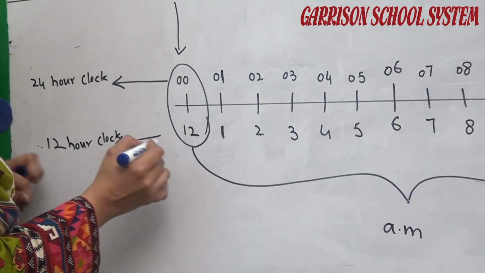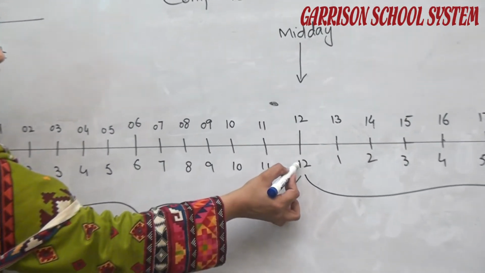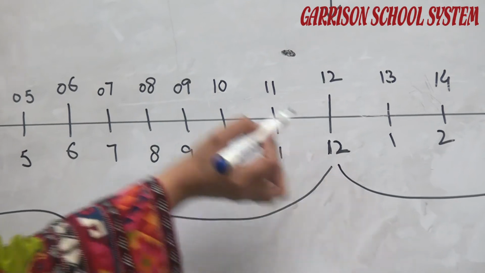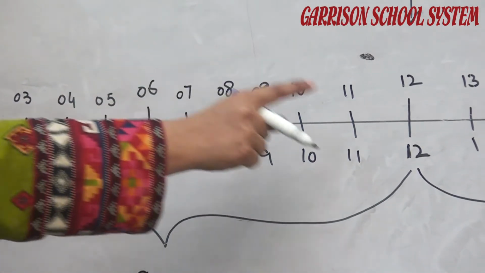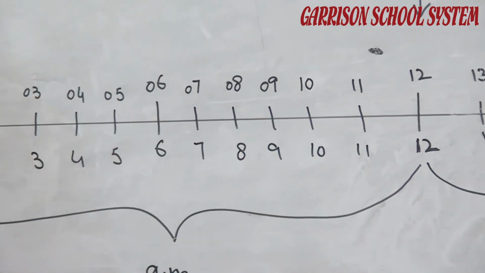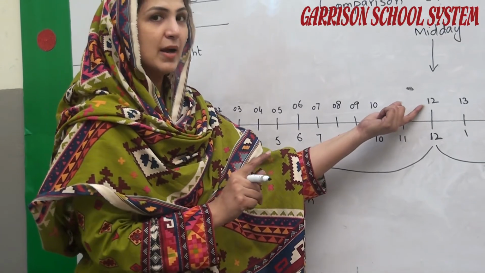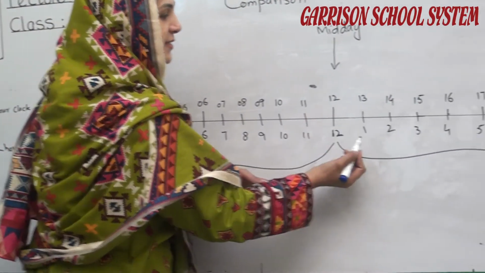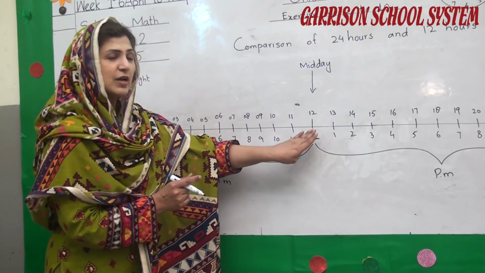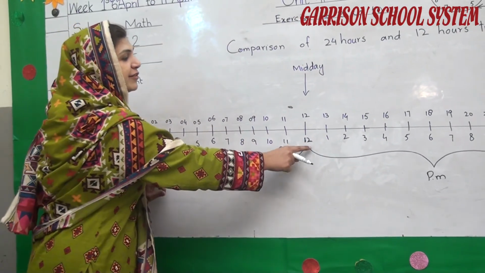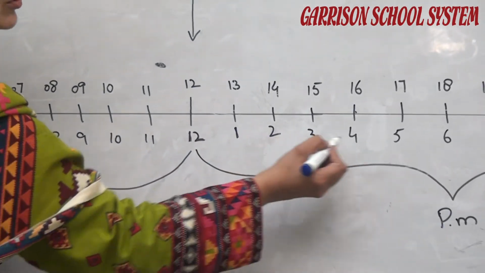In this way, whenever it reaches midday at 12, noon, we can call it 12 noon. So it is 12 noon, and the 24-hour clock also tells the time 12. But after 12 o'clock, the 12-hour clock resets and starts again from 1, 2, 3, 4.